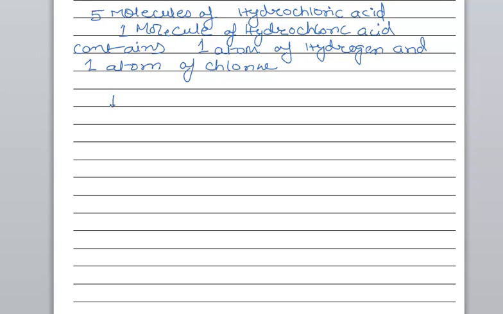So, 1 molecule can be represented by HCl. Now, 5 molecules can be represented by 5HCl.